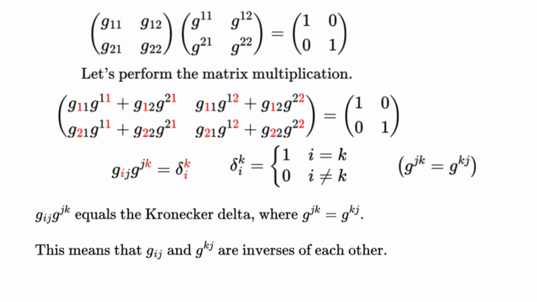Let's perform the matrix multiplication. G_ij g^jk equals the Kronecker delta, where g^jk equals g^kj. This means that G_ij and g^kj are inverses of each other.